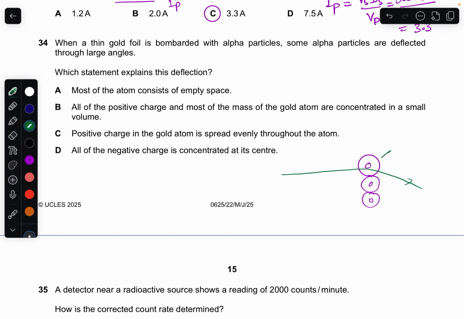This clearly shows repulsion, and this particle was alpha. Alpha is positive, so it can be repelled by the positive thing. So this shows that the central part is positively charged, and we know most of the mass is concentrated at the center, in a very small area. So it's option B that is correct for this scenario.